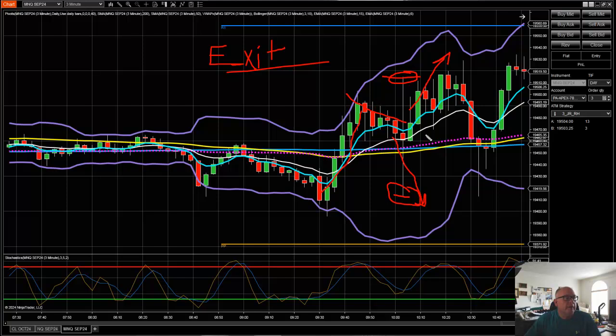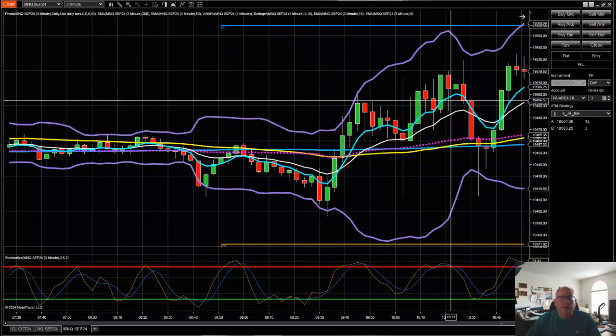So it could have, woulda, shoulda, coulda, right? It could have gone down and then up, and then it would have knocked out. I was trading 3 micros, so it would have knocked out 2 right in here because that was in the profit area, and 1 was stopped out on the move back.